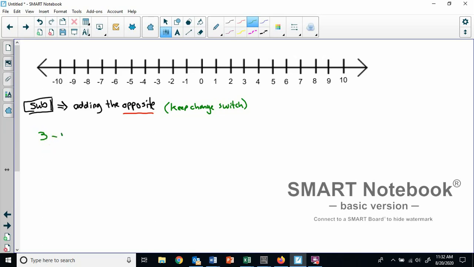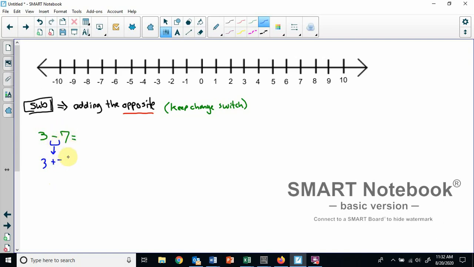If I said 3 minus 7, some people are going to struggle with that because we're subtracting off a bigger number. But subtraction is just adding the opposite. So you keep the first number the same, and we're going to turn subtraction into adding the opposite sign.